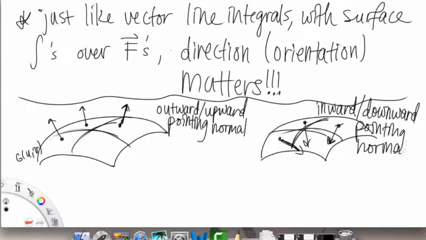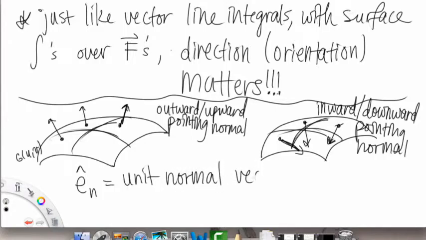By normal, with surface integrals over vector fields, we're interested in the unit normal. This is the symbol for your unit normal vector at any point on your surface.